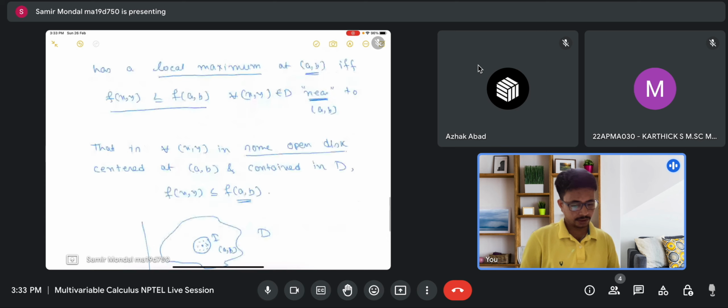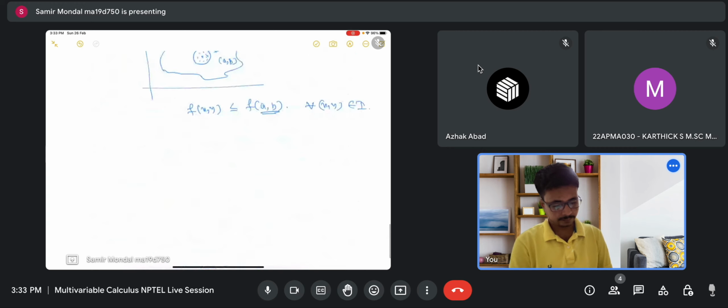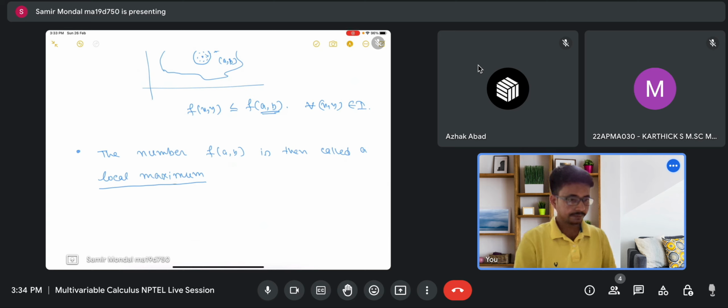Is it clear what the local maxima is? And the number f of a, b is then called a local maximum value of f of x, y.